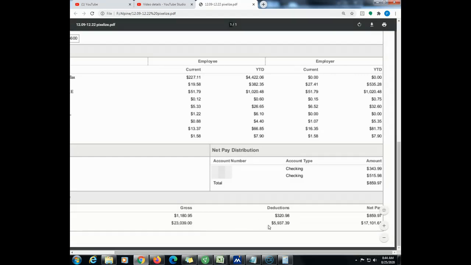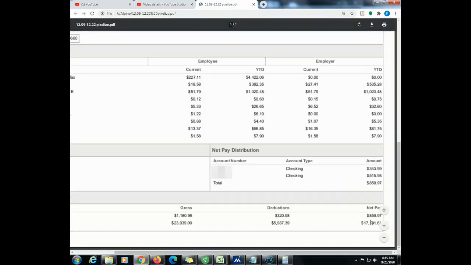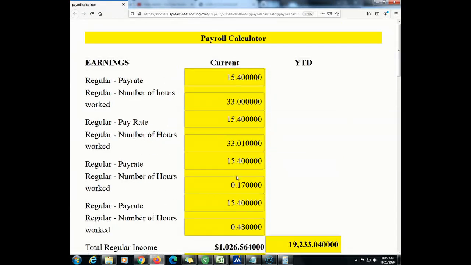Based on your gross pay and your deductions, your net pay is $859.97 on this pay stub. Your net pay carried forward from your last few pay stubs will be $17,101.61. So this is basically how you use your payroll calculator.